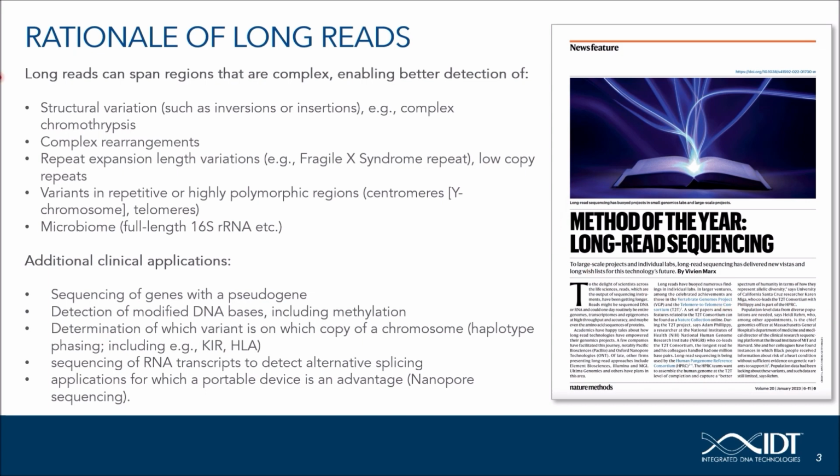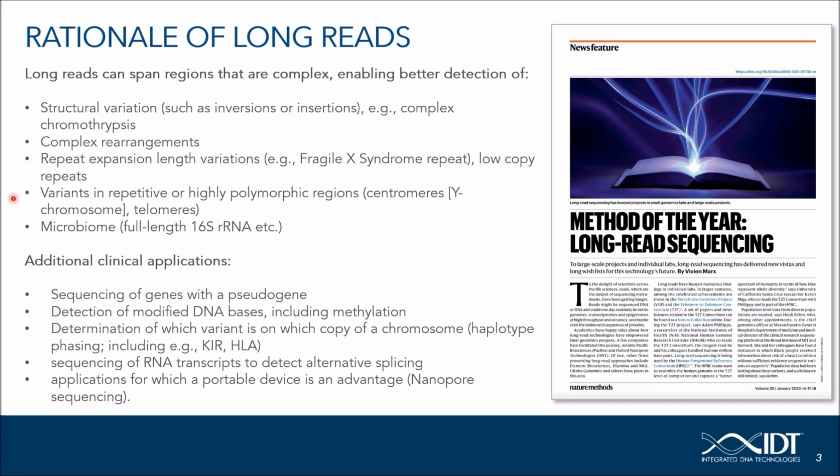Long reads have several advantages, and most prominently they can span regions that are very complex. And this may help you to better detect, for example, structural variation, such as inversions or insertions, for example, complex chromothripsis, or complex rearrangements, repeat expansion length variations, highly polymorphic regions.